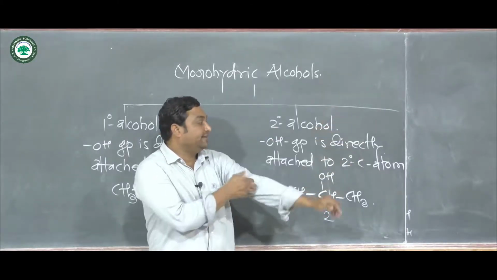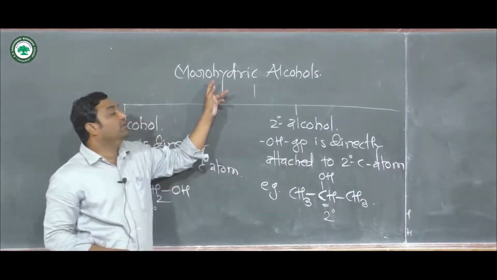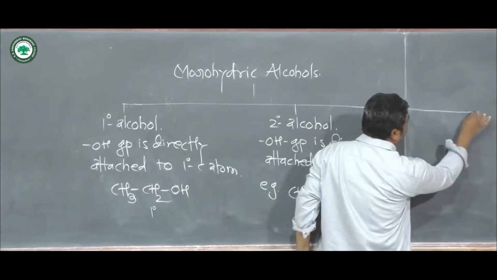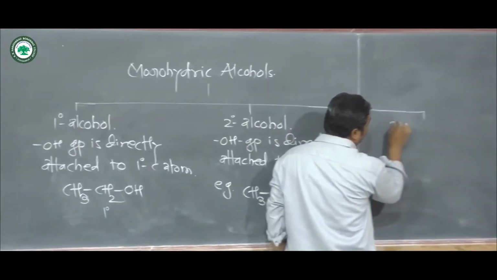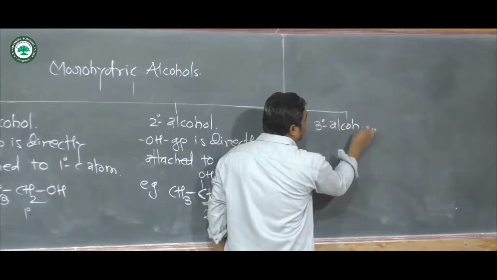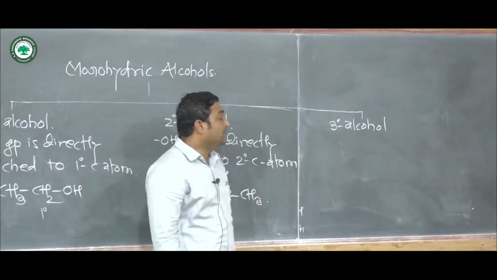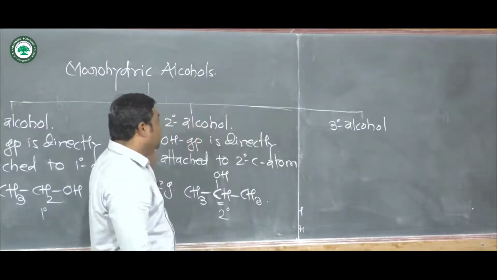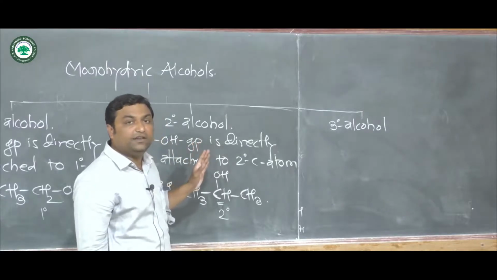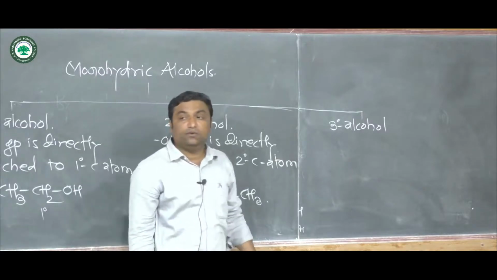Now, the next type of this monohydric alcohol is tertiary alcohol. Now, tertiary alcohol has a similar definition as primary and secondary alcohol.